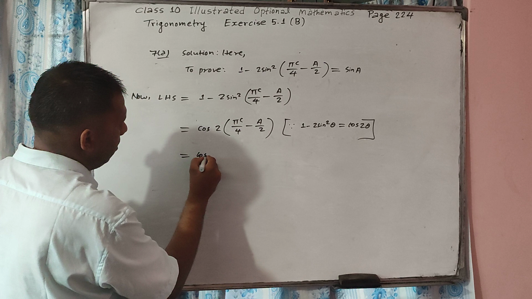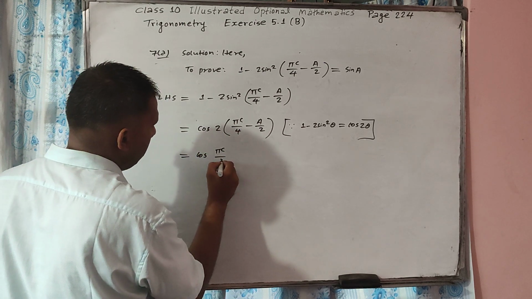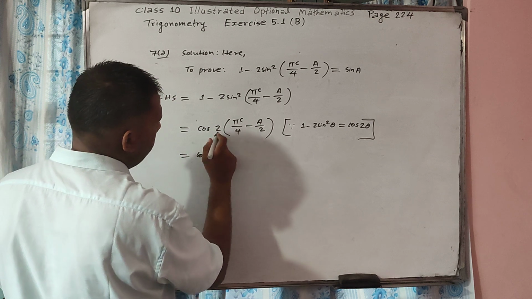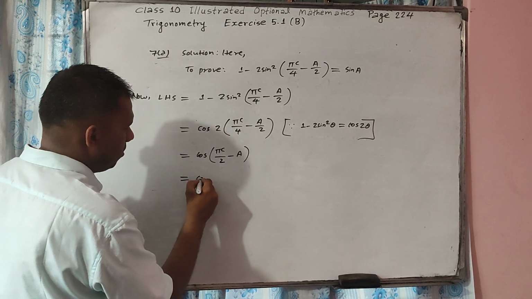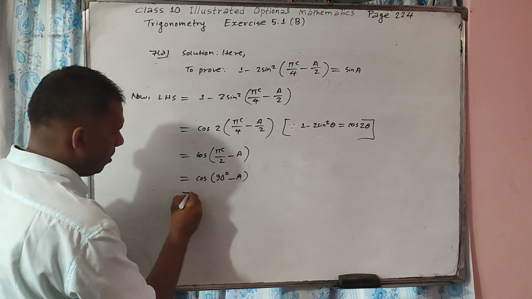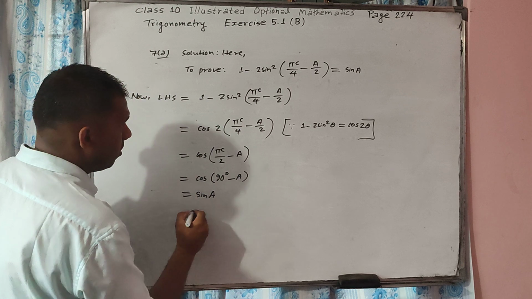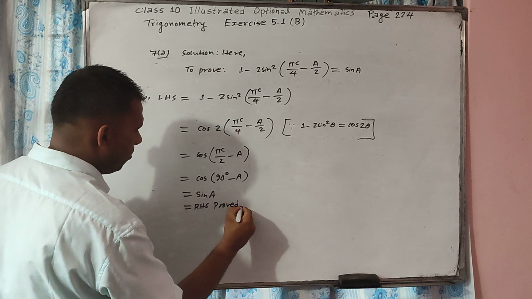This equal to cos(2 into π/4, that is π/2, minus 2 into a/2, that is a). π/2 is 90 degree, so cos(90 minus a), that is sin a, equal to RHS. Hence proved.